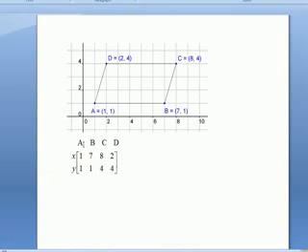The row that's labeled Y is for the second coordinate of a point. The columns are the names of each individual vertex. So if I want to know the coordinates of vertex A, that's this column right here. The X coordinate would be 1. The Y coordinate would also be 1. For B, the X coordinate's a 7. The Y coordinate's a 1. For C, the ordered pair is 8, 4, and for D, the ordered pair is 2, 4.